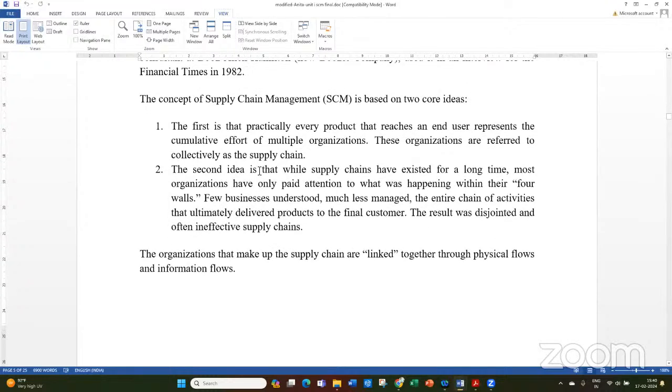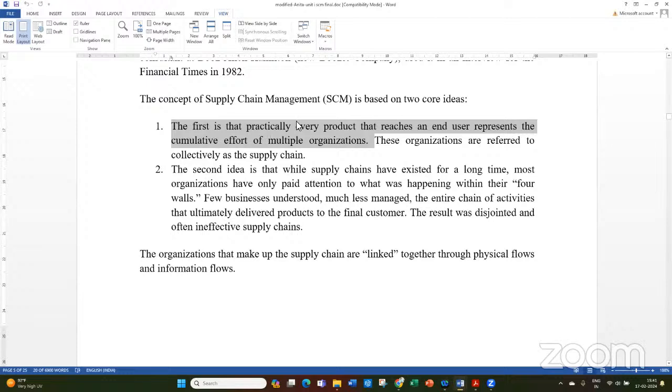Based on that, the product that reaches the end customer represents the cumulative effect of organizations. So every product has different stages: retailers, wholesalers, manufacturers. These are integrated, and that is called a supply chain.